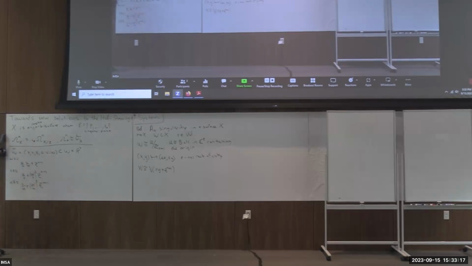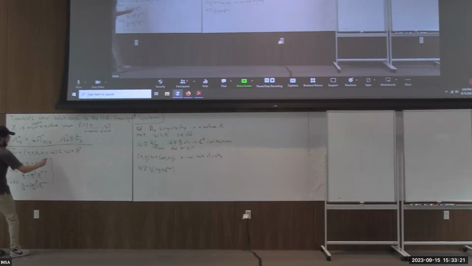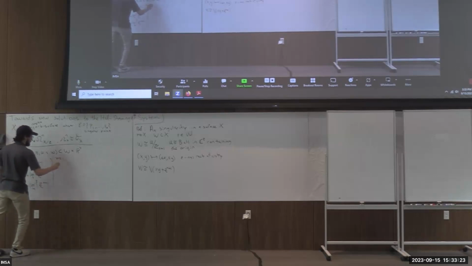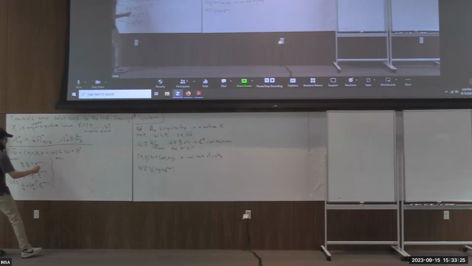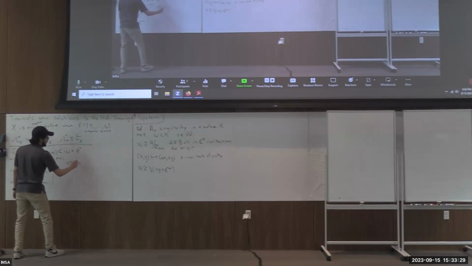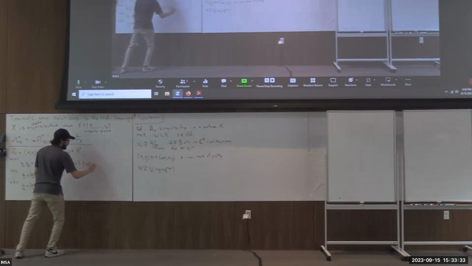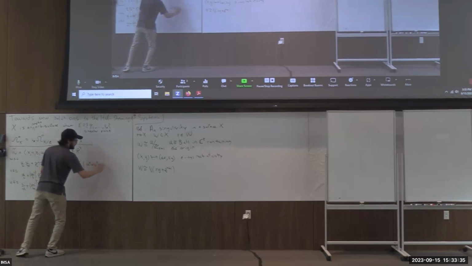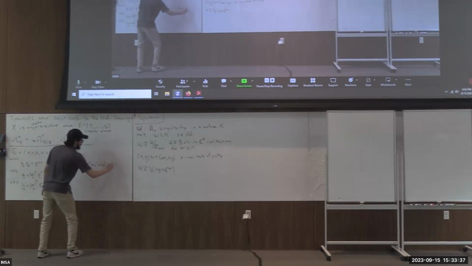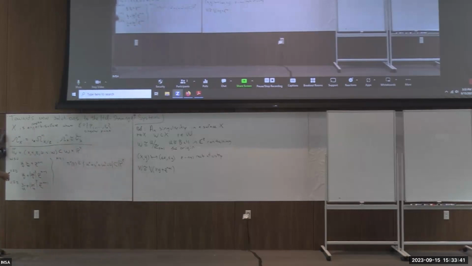So in the case when n equals 1, the exceptional divisor will be a conic, just one connected component.